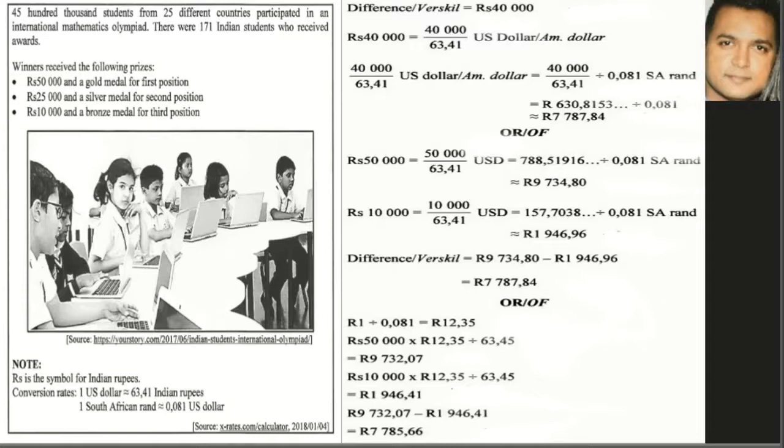And then lastly, what they've done is, instead of taking the first exchange rate given to you, which is the 1 US dollar is equal to, they've worked with the 1 South African rand is equal to 0,081 US dollars. So you could pause the video and look at these methods and see which best works for you, but in terms of the method I used, I generally inform my learners regarding that method.